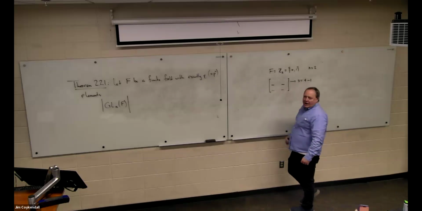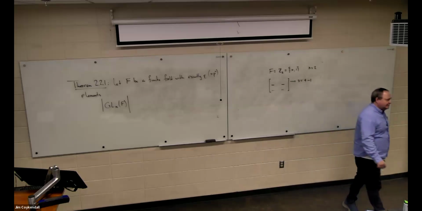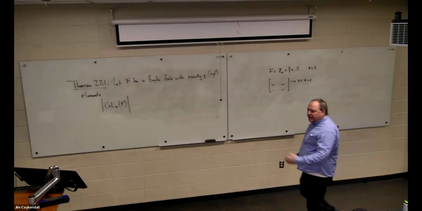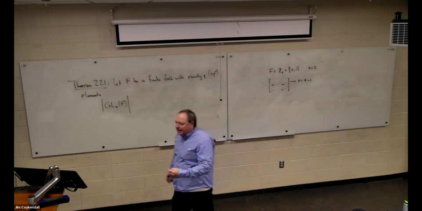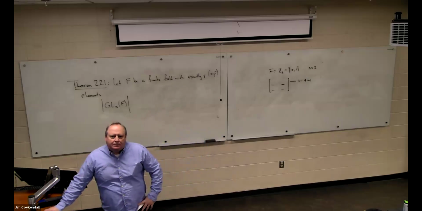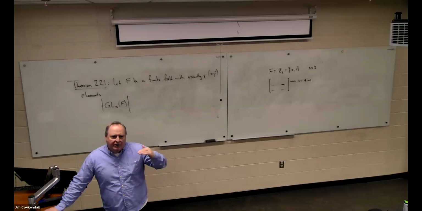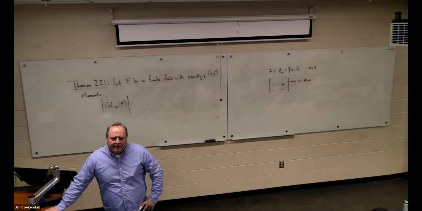Now how many choices do I have for the second row? Linear algebra might help here. What do you know about the rows in a matrix that has a non-zero determinant?